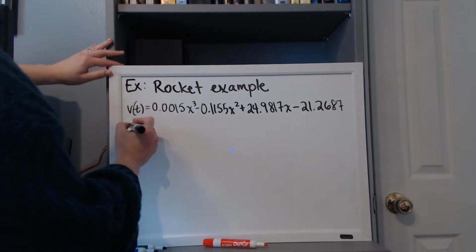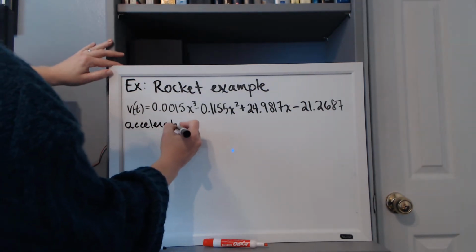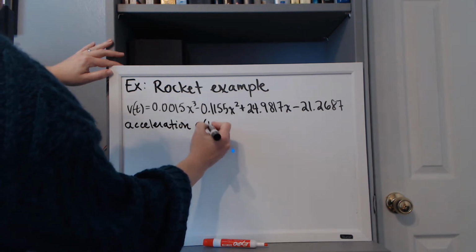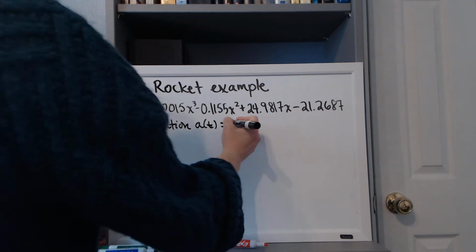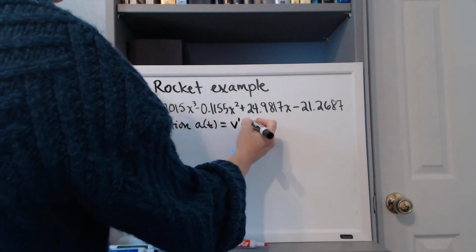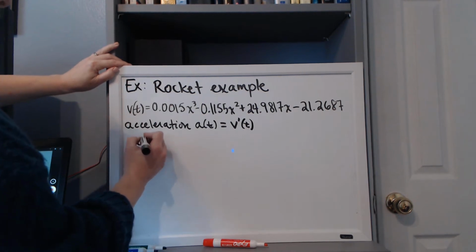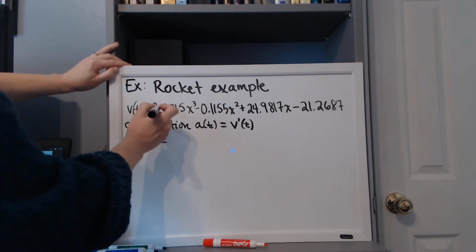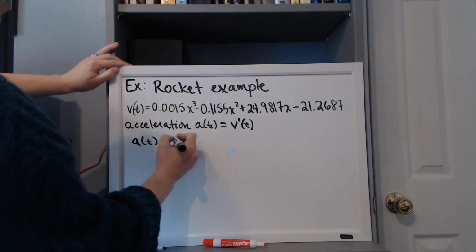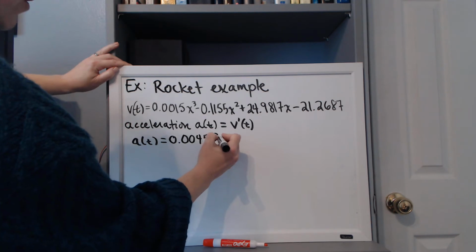So the function we want is acceleration, which I'm going to call A of t, and it is the rate of change of velocity. So that means, using our interpretation of the derivative, that it is the derivative of the velocity function. So for our acceleration function, we multiply 0.0015 by 3, which gives 0.0045 x squared.